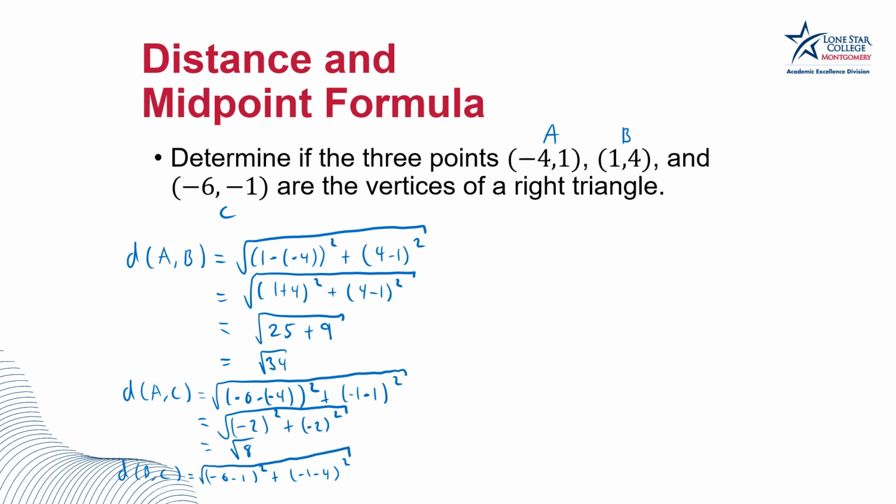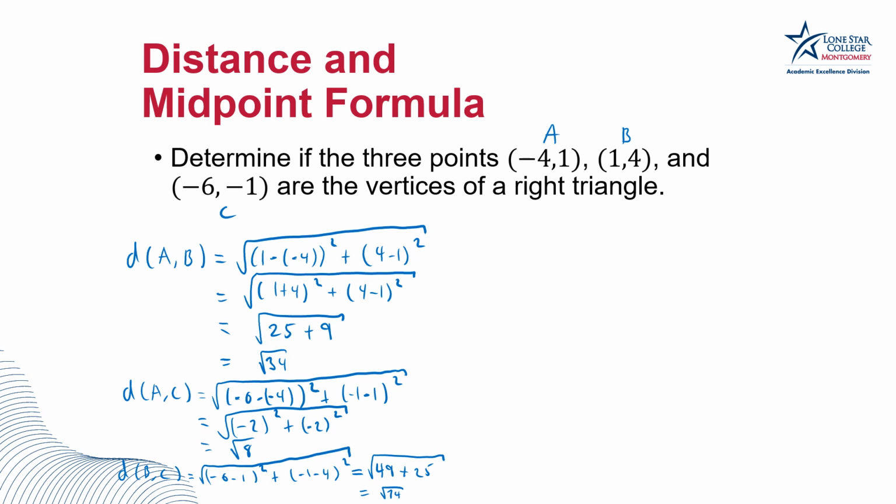It's kind of hard to write down here, so I'm going to write on the right. Negative 6 minus 1 is negative 7, squared gives us 49. And negative 1 minus 4 is negative 5, squared gives us 25. If we add them, 49 plus 25 is 74.